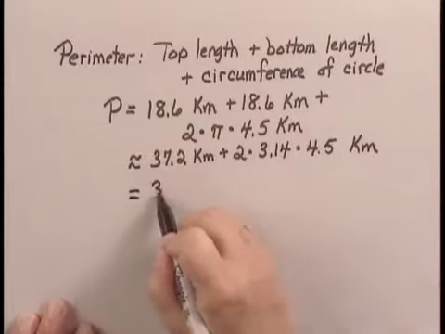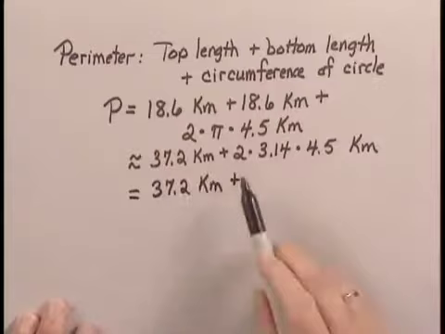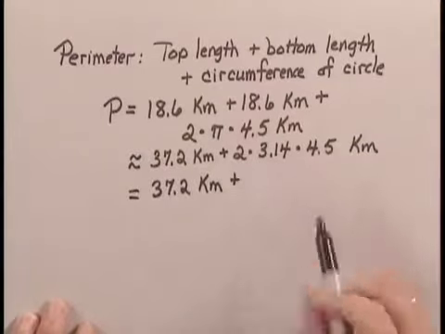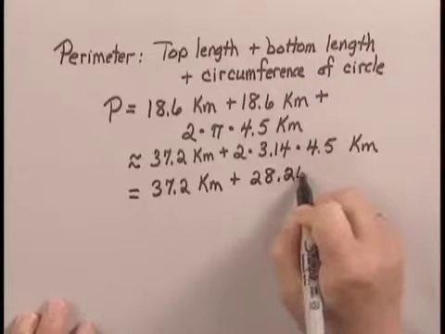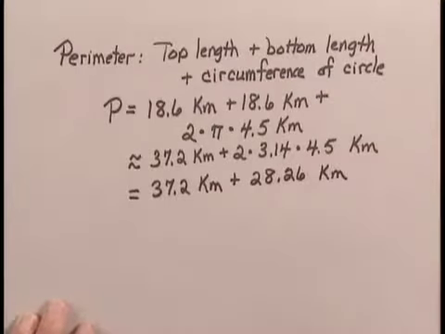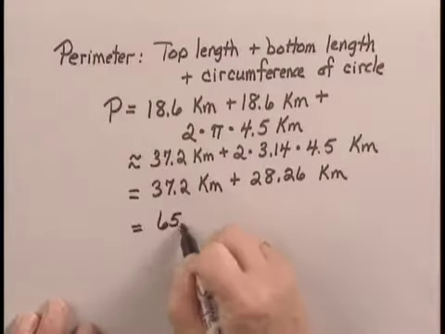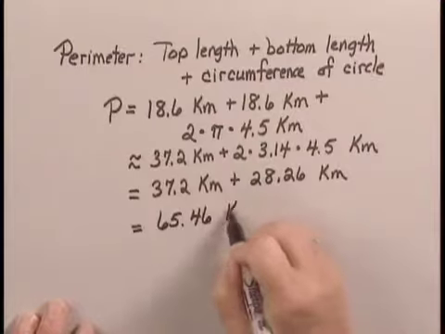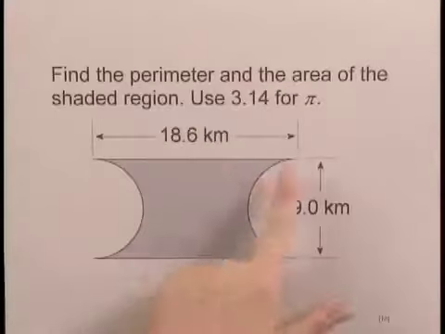Now I multiply 2 times 3.14 times 4.5, and I get 28.26 kilometers. Finally, we add those lengths together, and we have 65.46 kilometers. What I have found is the perimeter, or the distance around this region.